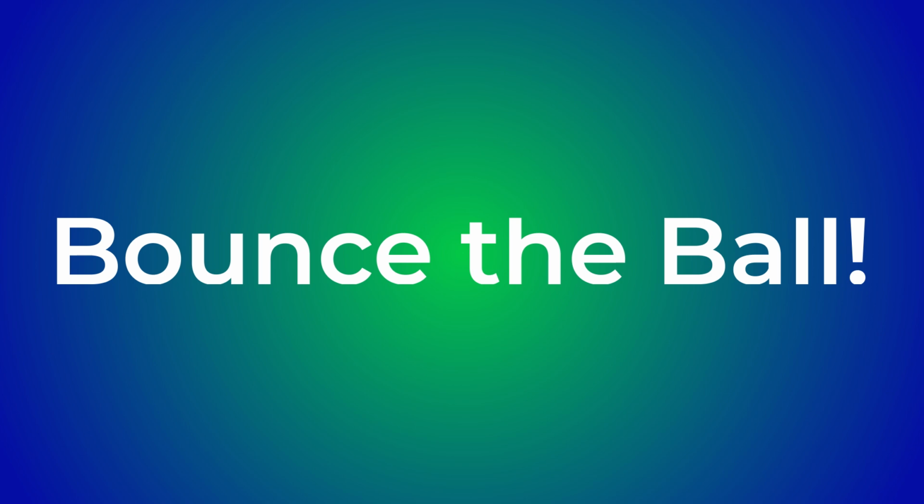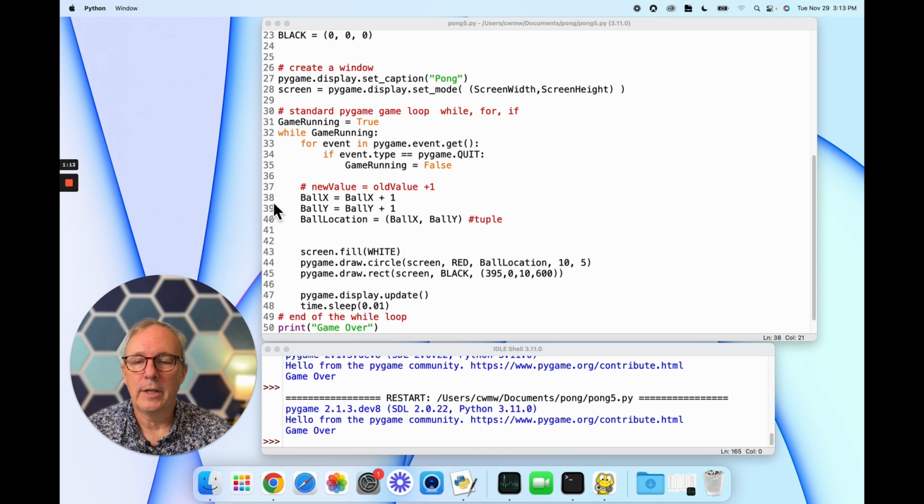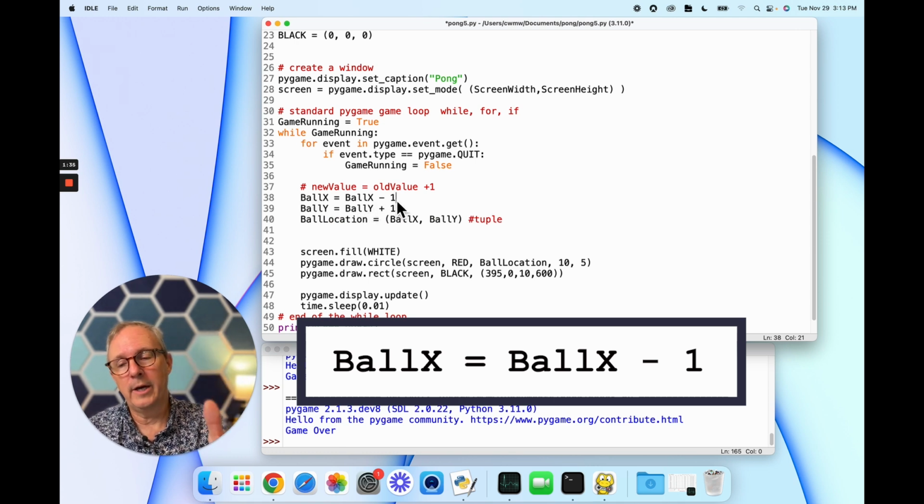Now the first thing I want to show you is if I were to come down here on lines 38 and 39 and change this +1 to a -1, okay? So instead of ball x equals ball x +1, it's ball x -1. So I'm going from 100 to 99 to 98.